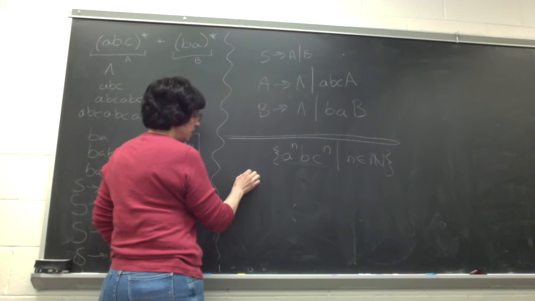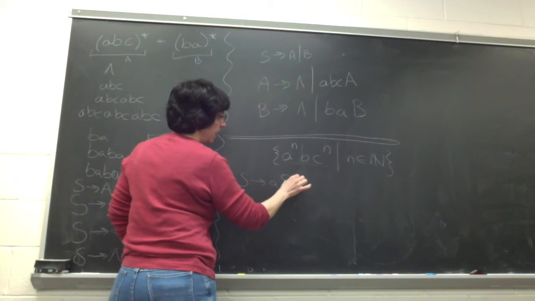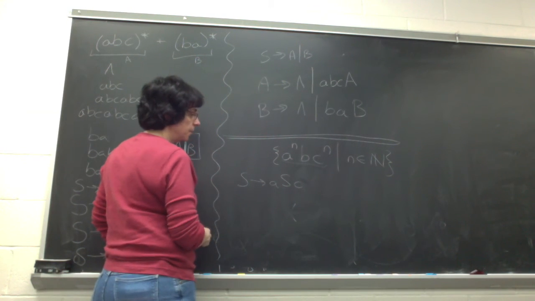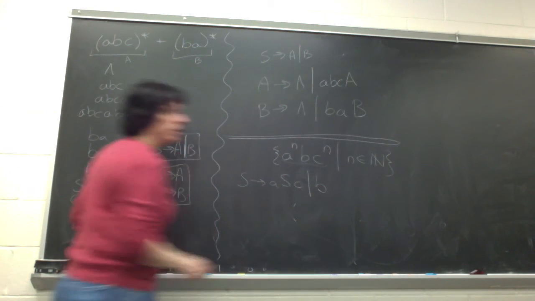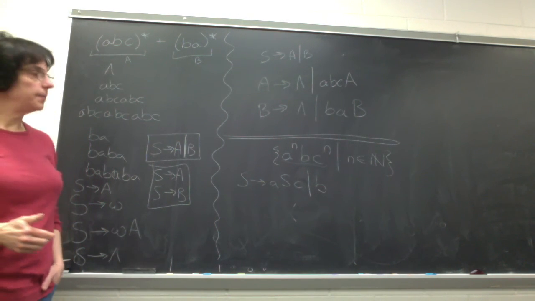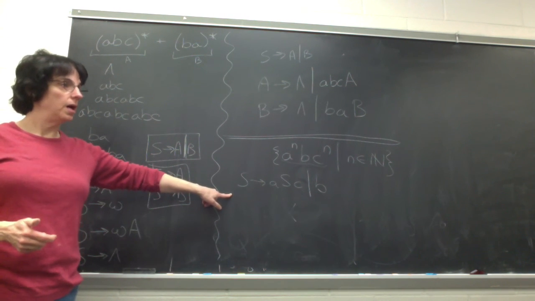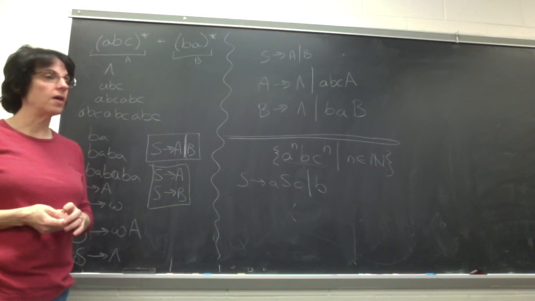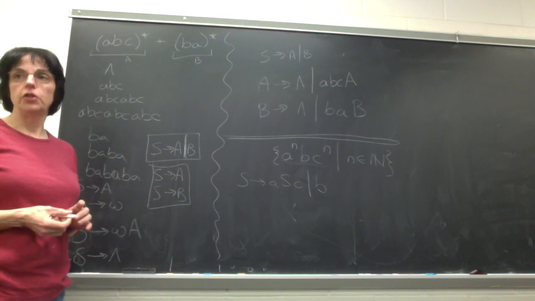So I need to say S goes to something like ASC, so that I keep making more A's and C's. Or, when I'm done, stuff a B in the middle. And there is another video on the web, in the foundation set of videos, that does some really hideous example where I've got lots of N's and M's and matching things, and shows you lining stuff up.